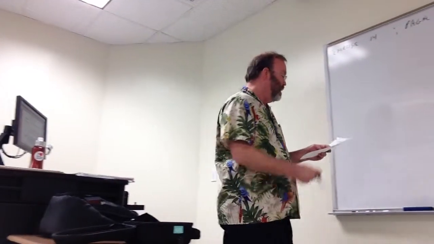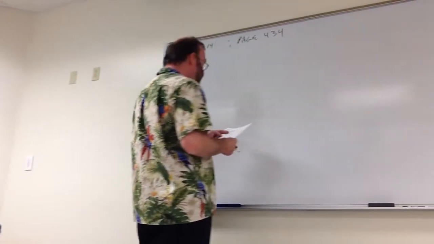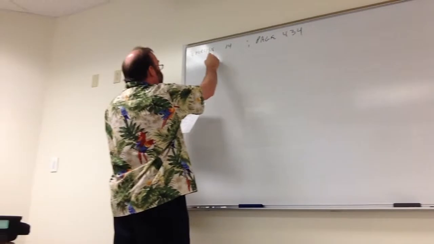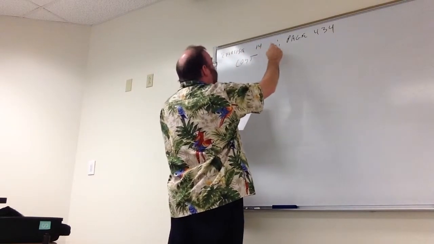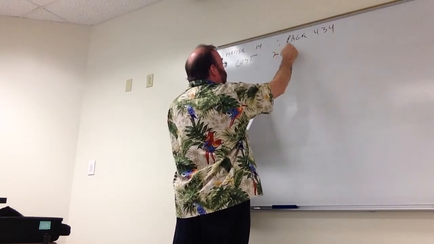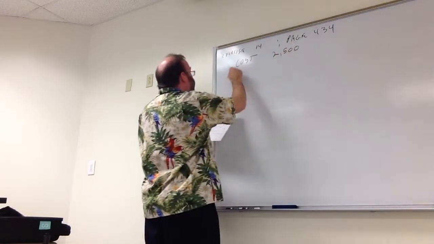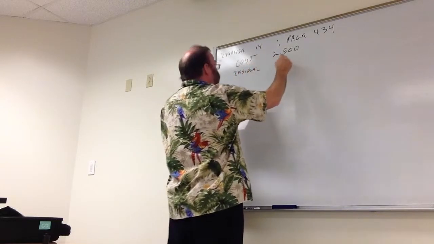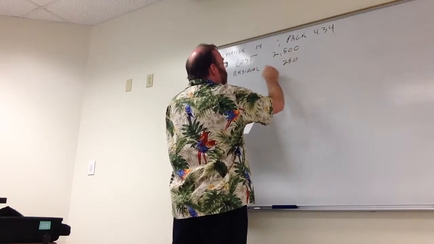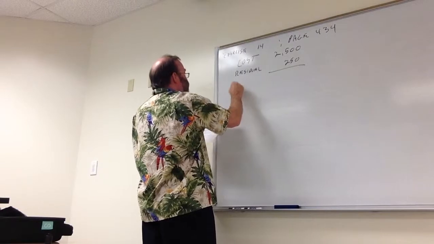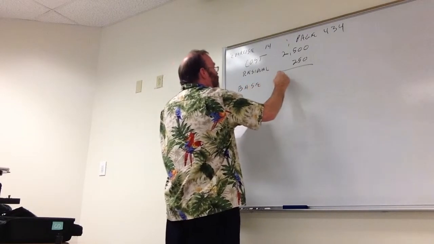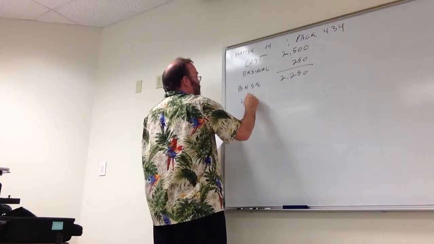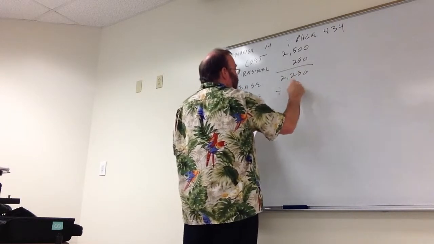The first thing you need to do is compute the straight line rate. The cost was $2,500 with a residual of $250. That's a depreciable base of $2,250 with a life of 5 years.